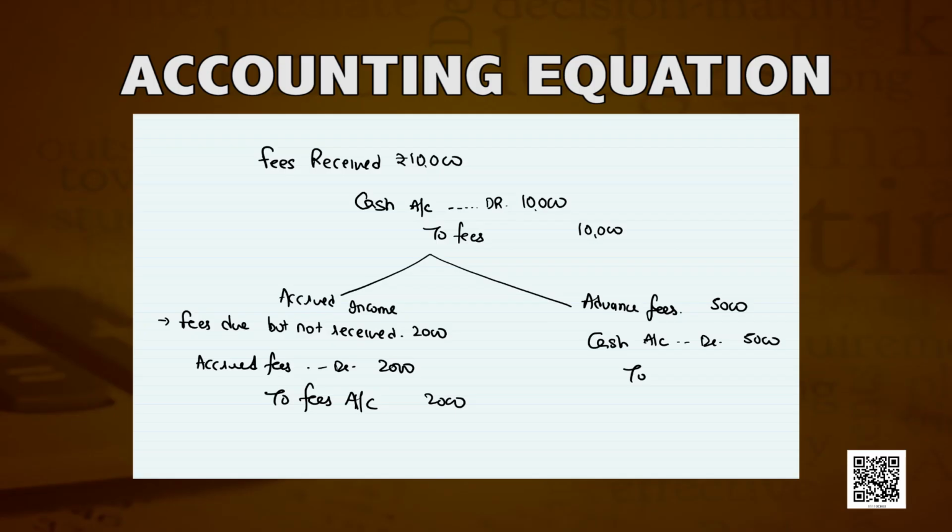The answer is no, because I have received the fees, but it hasn't fallen due yet. So, it is a liability on me, as it might be a case that I have to return it. Such money is known as my liability. To advance fees. Clear?